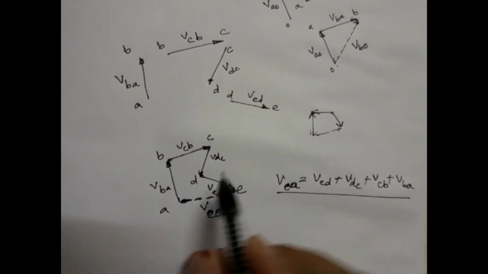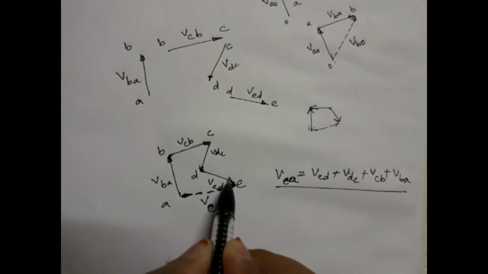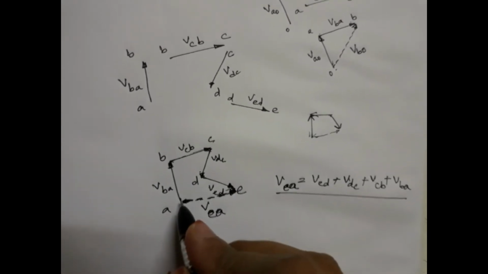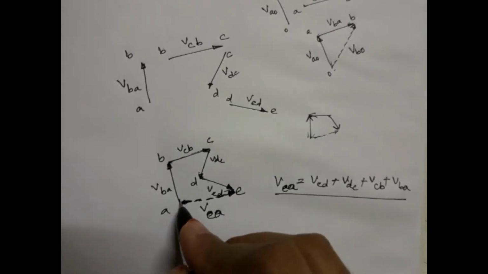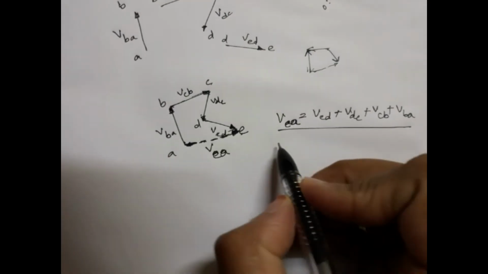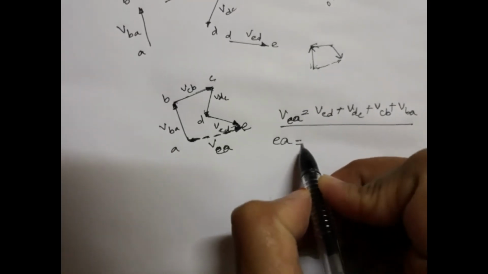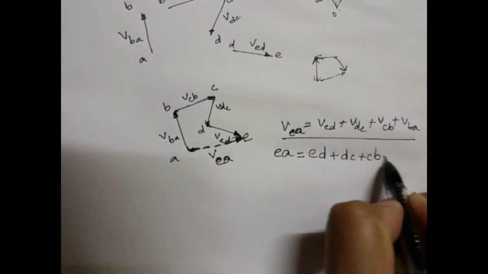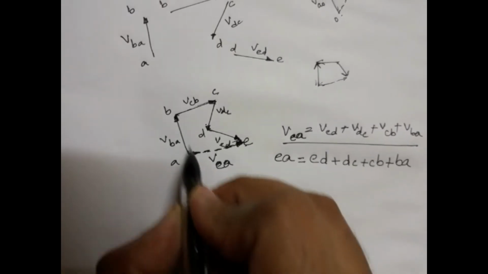Then the closing side, if you see, this is the last vector, it is downward towards E. The closing vector will be from the tail of the first vector to the head of the last vector. This will be the closing side of the polygon, which will be the resultant of the rest of the vectors. So from this we mean that the EA vector is equal to ED plus DC plus CB plus BA. These are vector magnitudes or the lengths.